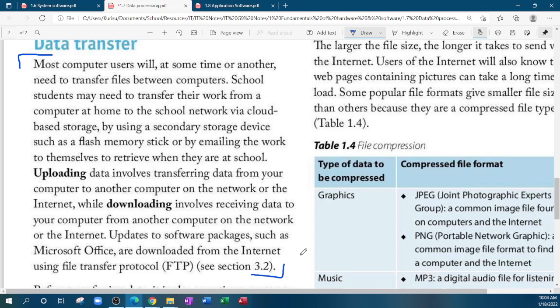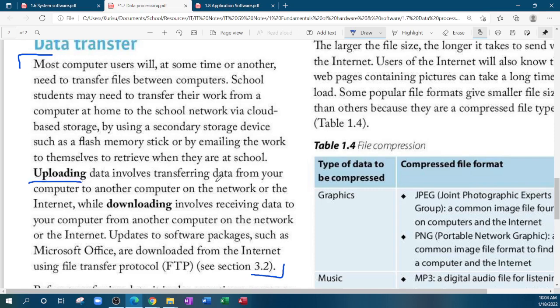Data transfer. Most computer users will at some time or another need to transfer files between computers. School students may need to transfer their work from a computer at home to the school network via cloud-based storage, by using a secondary storage device such as a flash memory stick, or by emailing the work to themselves to retrieve when they are at school.